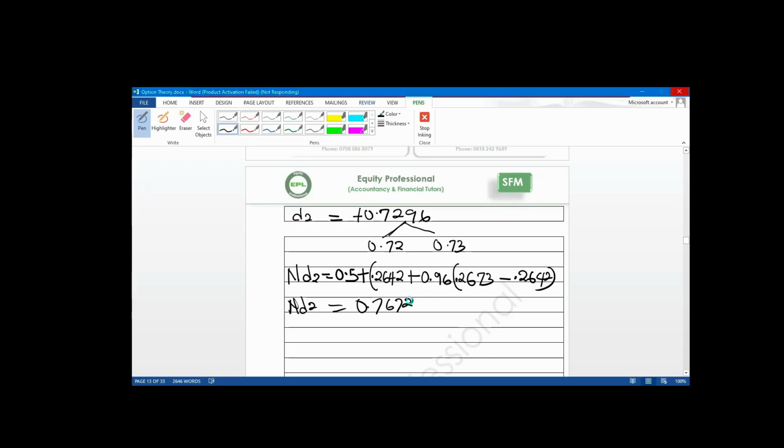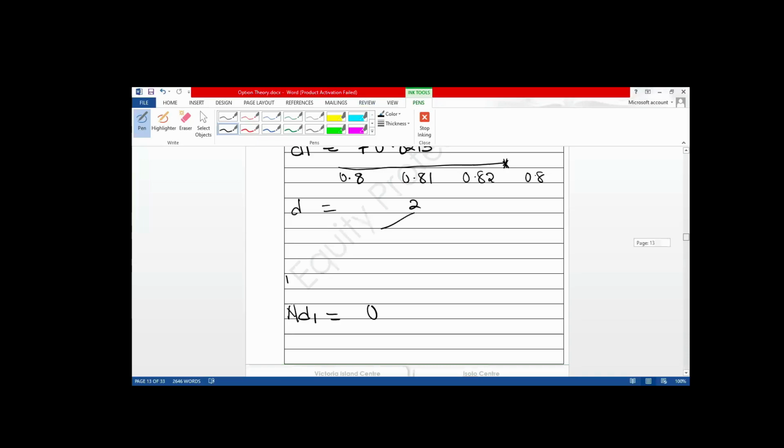You have gotten ND1 and ND2. Look at the formula.